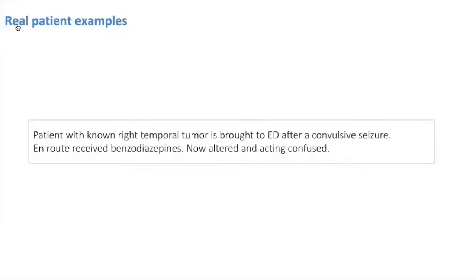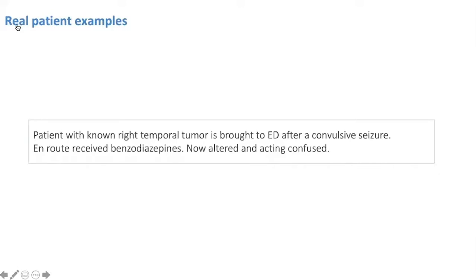One patient goes to an academic medical center in an ambulance after a convulsive seizure. They have been given a lot of benzodiazepines en route, and the patient is altered and acting confused. What can it be? The question, of course, to any neurologist or ED physician is: is this altered mentation because of a large tumor causing mass effect?